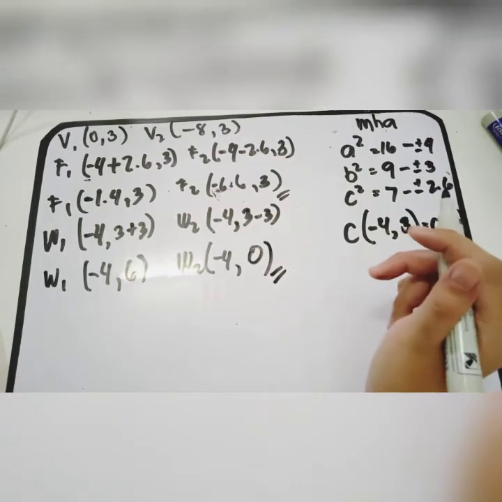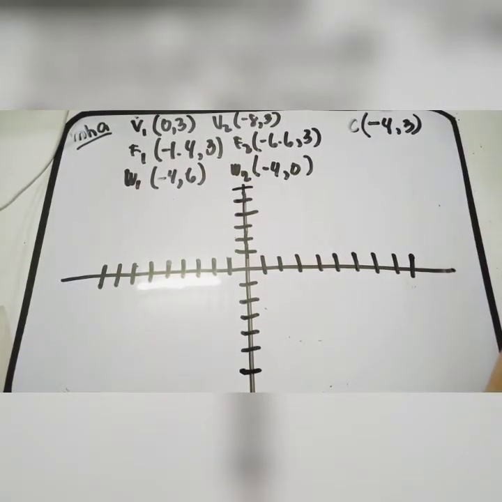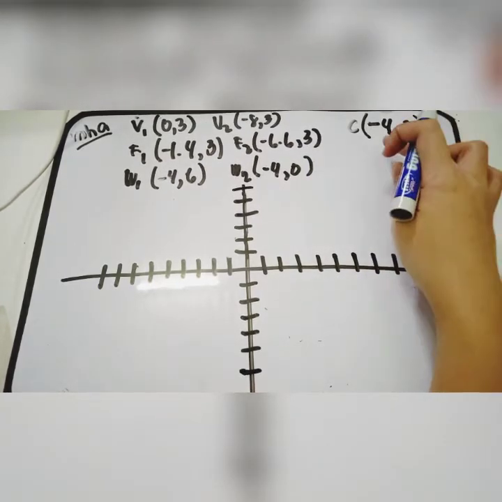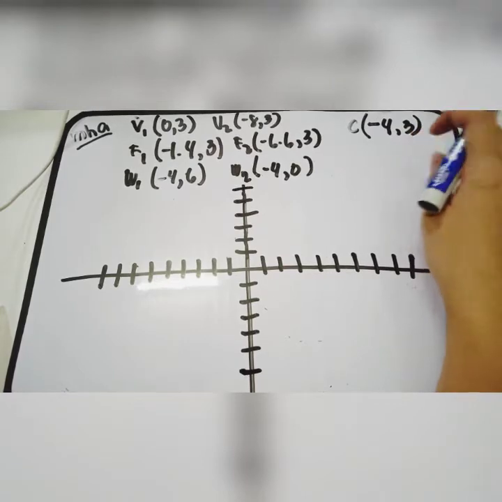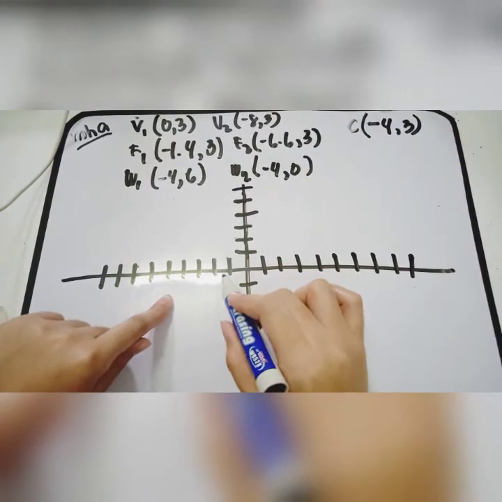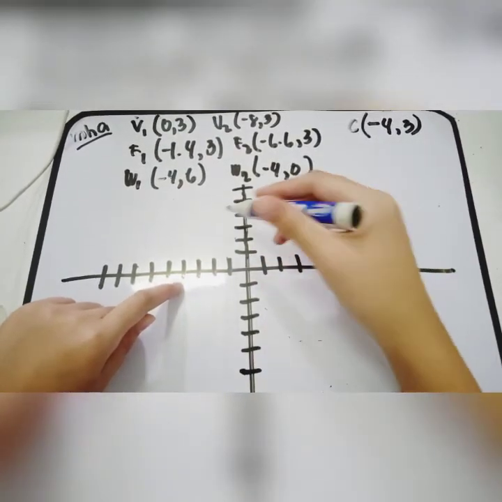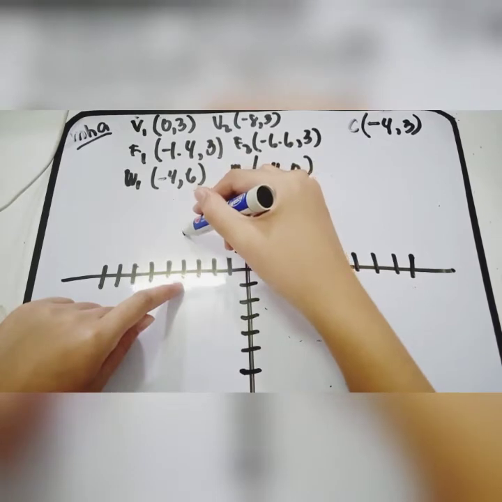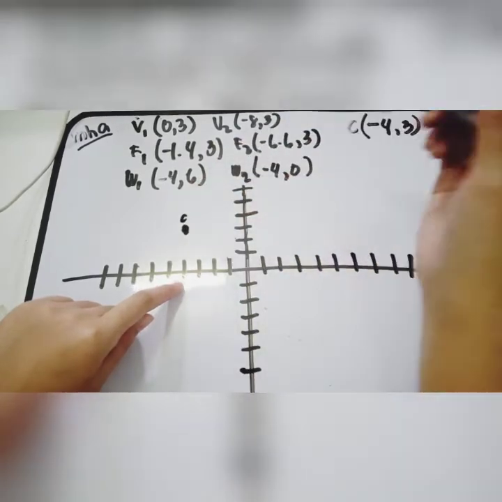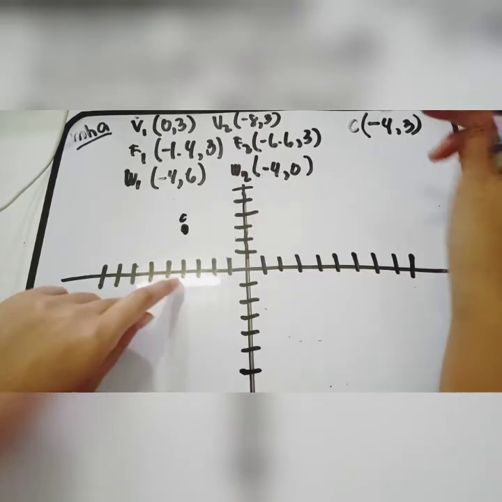So, now let's plot. Okay, by having these coordinates, let's graph or plot the points. First is the center, which is negative 4 and 3. So, negative 4 is our h, so it's x. So, 1, 2, 3, 4. This is our negative 4. And then 3. So, 1, 2, 3 will be here. So, here is your center. Okay, next is the vertices.